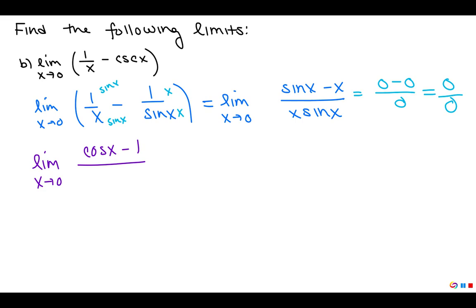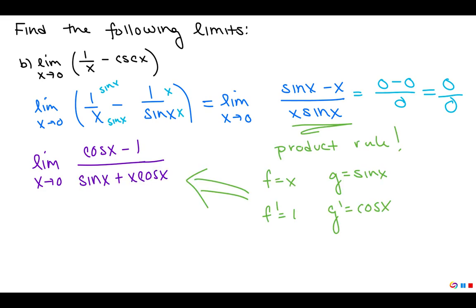And then to find the derivative of the denominator, the x sine x, we're going to have to use the product rule. I'll let f equal x, and g is sine x, so f prime is 1, and g prime is cosine x. So then we take f prime times g, so 1 times sine x, plus g prime times f, so plus x cosine x.